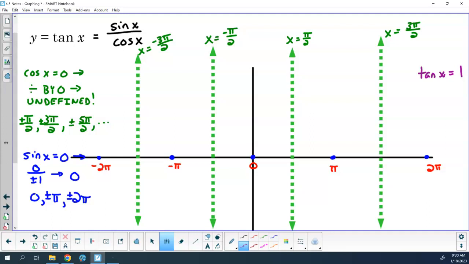Look. Pi over 4. And which one? Can I go plus or minus with those?